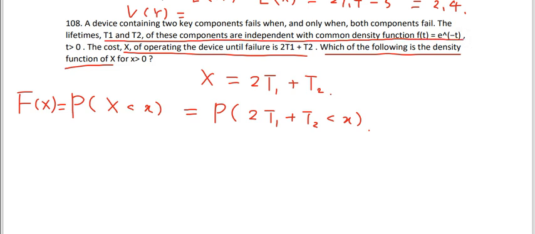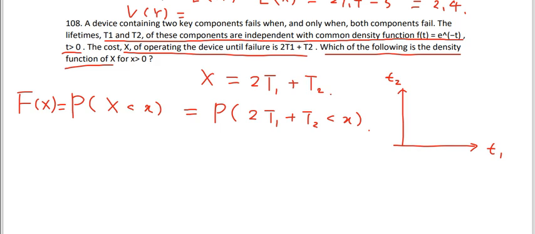So this actually is an exponential distribution, going from 0 to infinity for t1, t2. So what is the probability that 2t1 plus t2 is less than x?